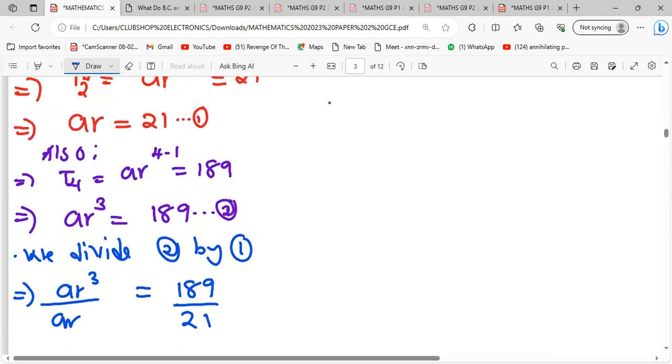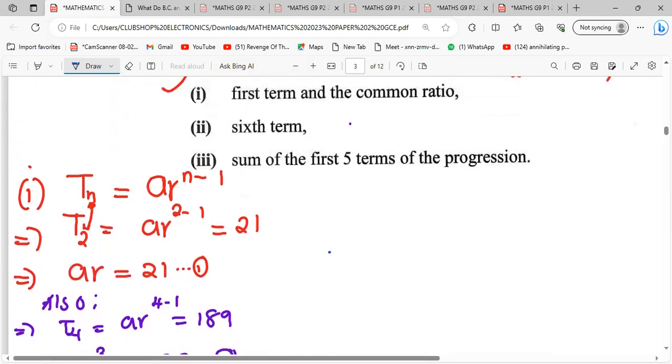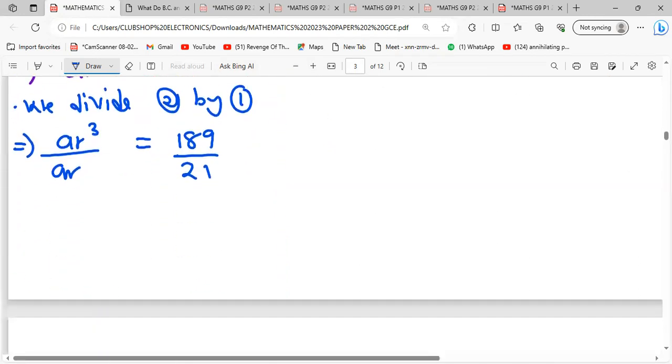Now, this is equal to a divided by a, and r to the power 3 divided by r gives r squared, is equal to 189 divided by 21.